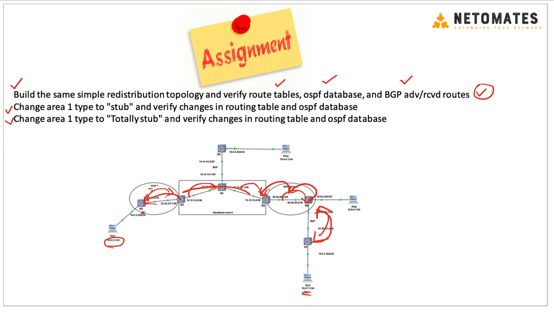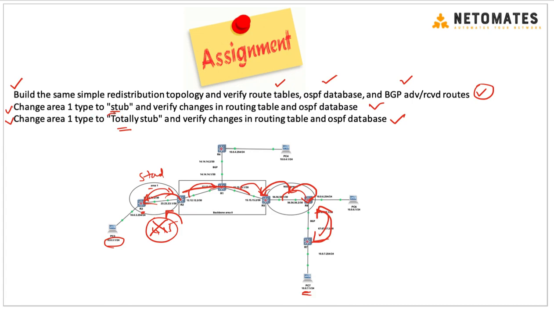Currently this is a standard area, meaning type 4 and 5 LSAs are also allowed into this area. But once you make it a stub or totally stubby area, it won't allow these LSAs, and you need to make some configuration changes to make the communications work in this topology.